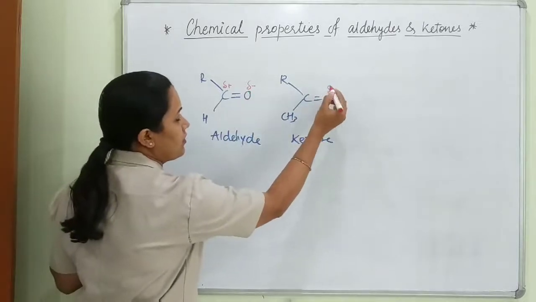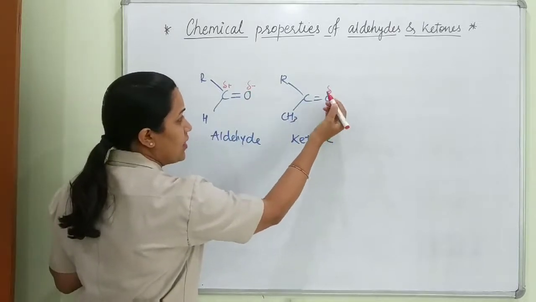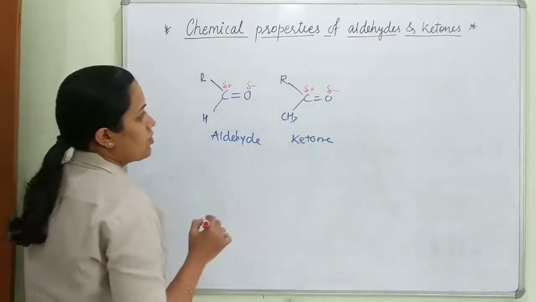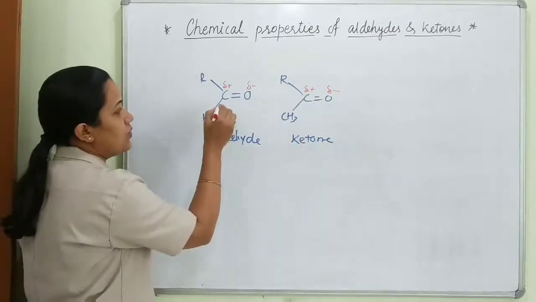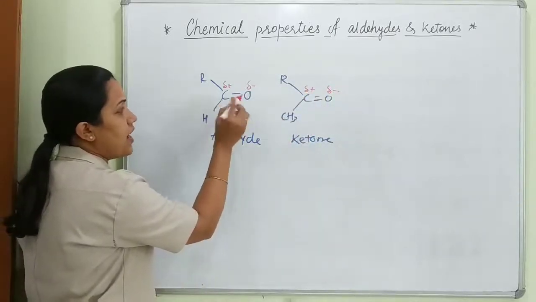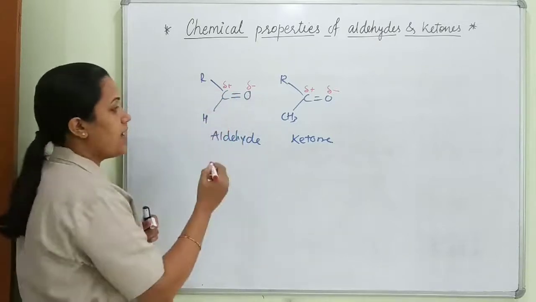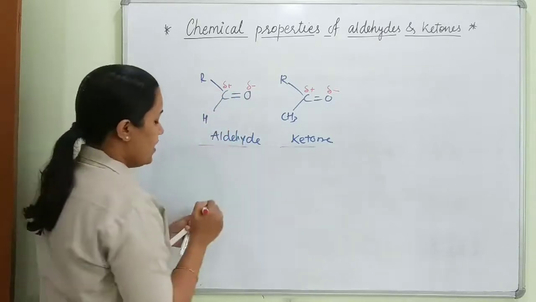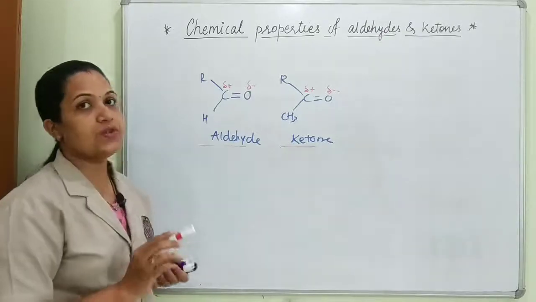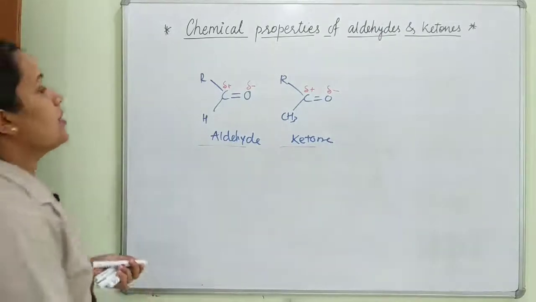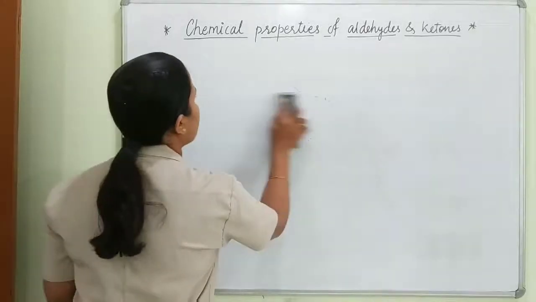Similarly, we can study here also: this oxygen will acquire a partial negative charge and this carbon will acquire a partial positive charge. So as we know, students, this carbon is attached with a double bond to oxygen, and that's why aldehydes and ketones are considered very reactive groups. So let's start with the chemical properties of aldehydes and ketones.